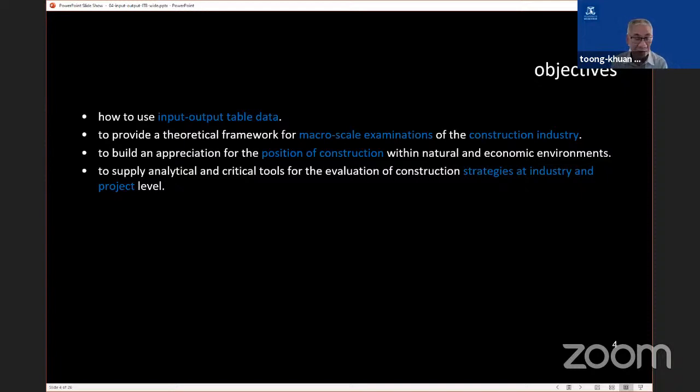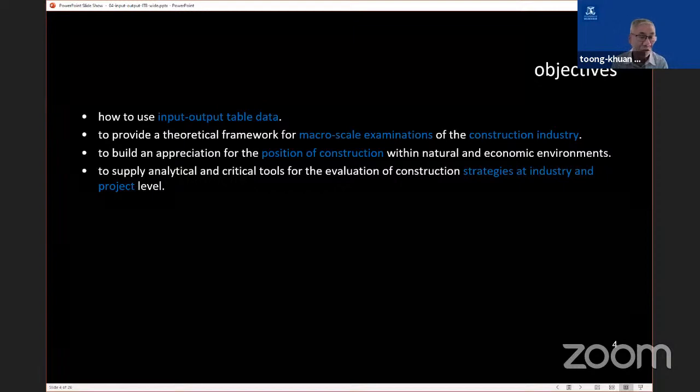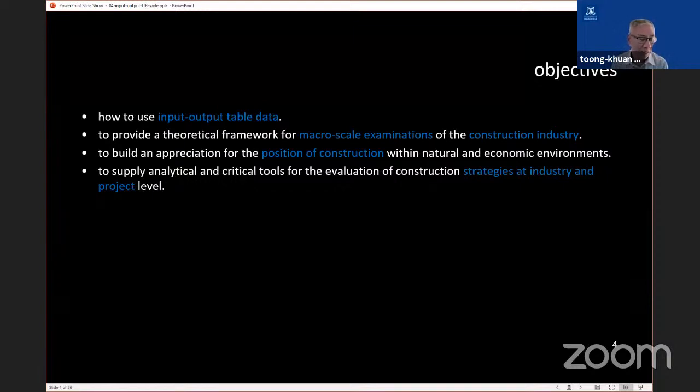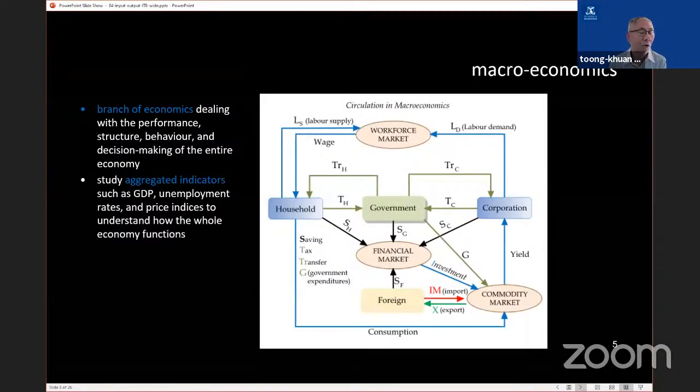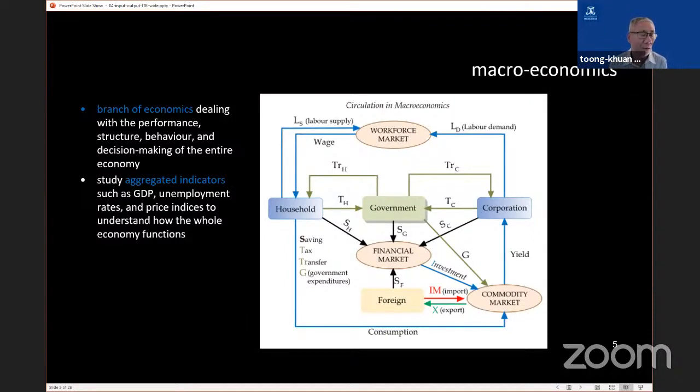I believe you guys understand that construction is one of the largest contributors to GDP, and that's why we are really concerned about the construction industry. We will give you the tools to evaluate construction strategies at industry and also at project level. So it becomes a very useful tool for students and also for researchers to have a look at how the industry is going to develop.